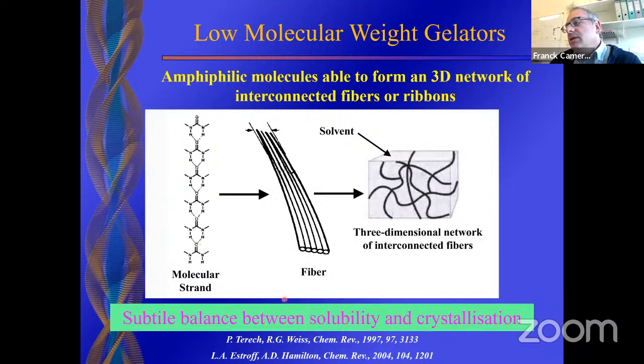So as you can see, the formation of a gel is a subtle balance between solubility and crystallization. If the molecules are soluble, you will not have gels. And if the molecules want to aggregate and crystallize as a large object, they will precipitate, so you will not get a gel. So this is really a balance between solubility and crystallization.